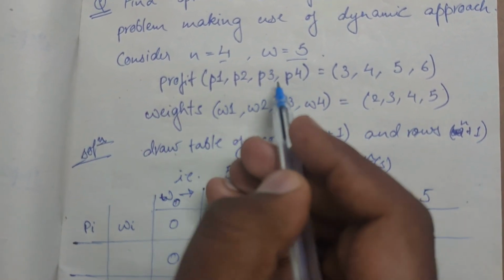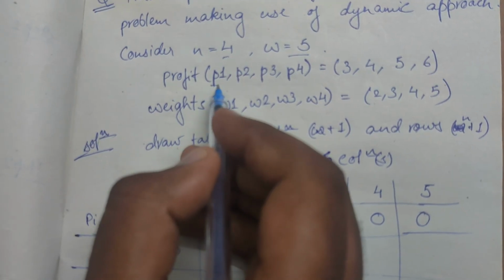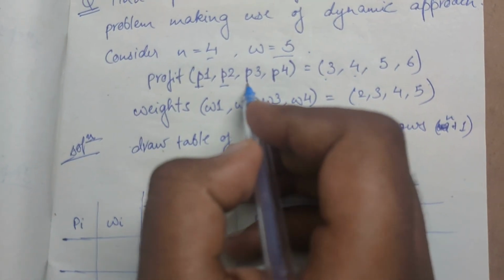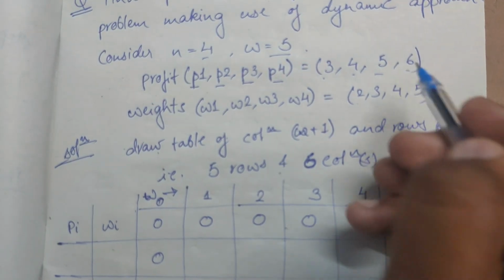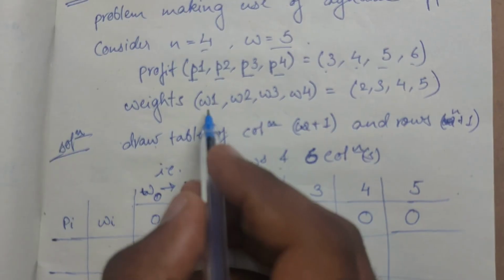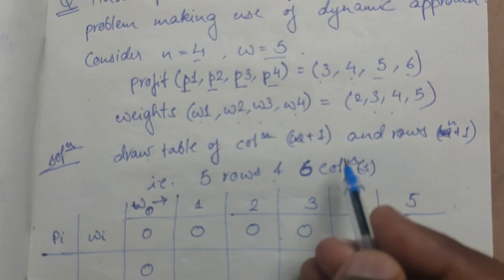So P1, P2, P3, P4, that means the profit on carrying the first object is 3, the profit on carrying the second object is 4, the profit on carrying the third object is 5 and the profit on carrying the fourth object is 6. And also you will be given the weights of those corresponding objects. So W1 is 2, W2 is 3, W3 is 4 and W4 is 5.